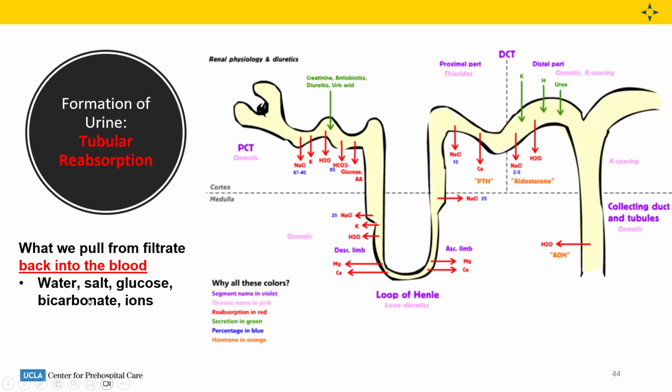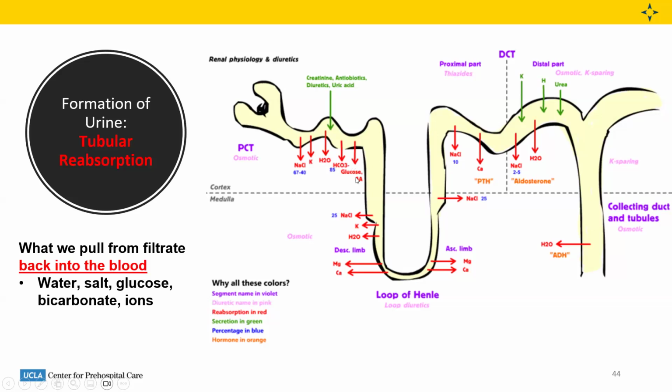So water, about 99% of that water is reabsorbed. Salts, glucose. So essentially this first portion, the proximal convoluted tubule, is where we're going to see glucose reabsorption, right? So glucose was able to make its way into our Bowman's capsule because it's a pretty small molecule, but we want to reclaim all of that glucose.